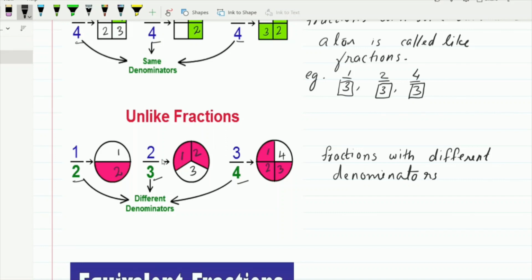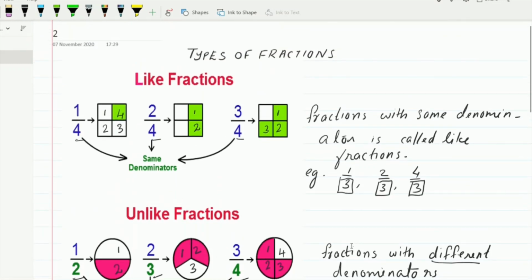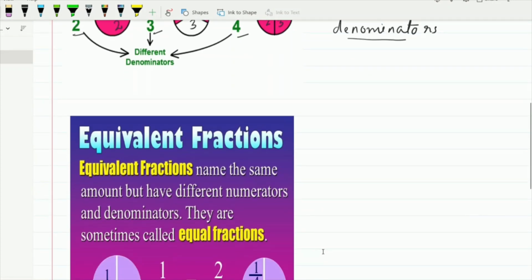So different denominators, this is the condition for unlike fractions. For like fractions, we can say same denominator. Like fractions, we can say what? Same denominator. So here I will underline what is the condition. So in the definition, what is there? That condition you have to go through to check whether the given fractions are like fractions or unlike fractions.